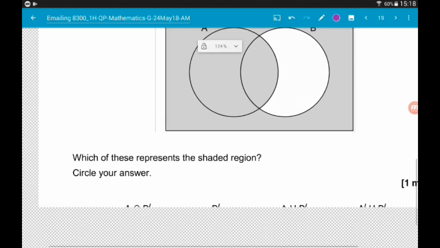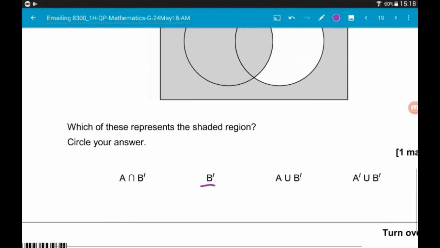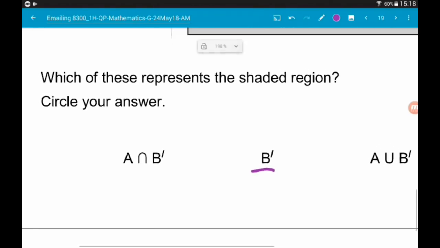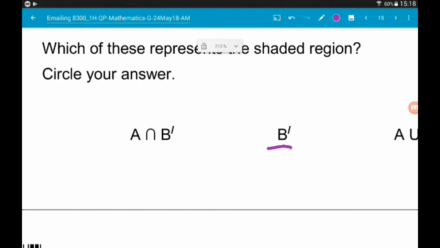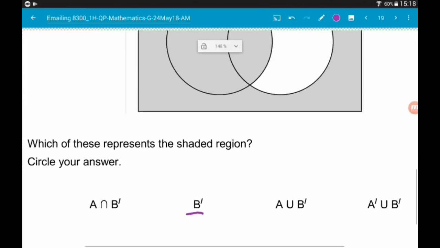So let's work through these and eliminate what we can. So this first one means A intersection not B, or A and not B. So could it be that?